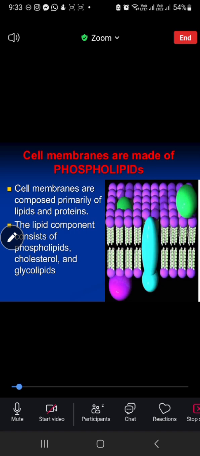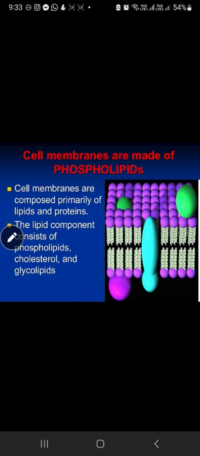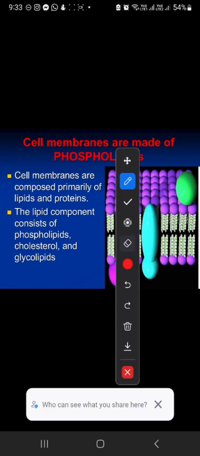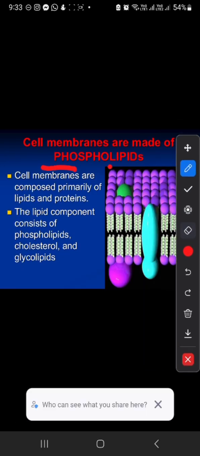The cell membrane is made of phospholipids. Phospholipids are the main structural component of the cell membrane. In its name, it says that it is a phospholipid: it is a lipid and it has phosphorus in it.